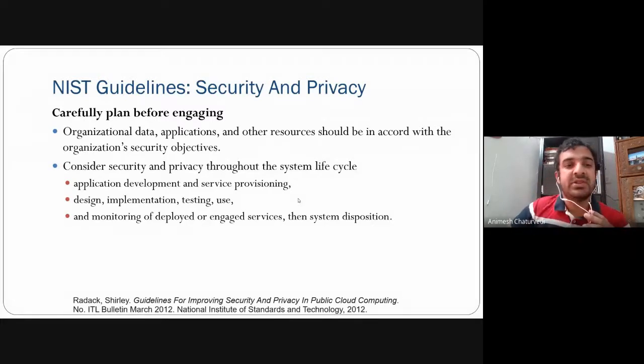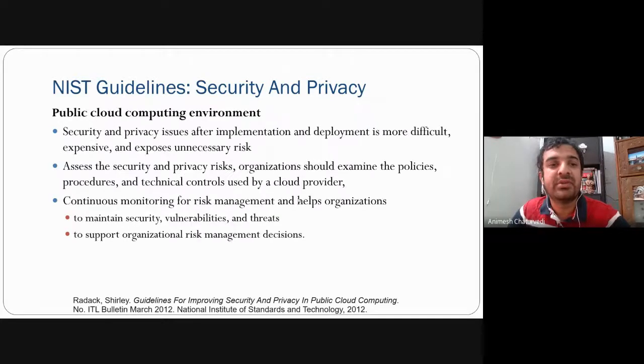All that time, security and privacy should be considered. So the planning has to be made at the starting point. Then monitoring, deployment, and engaging of services have to be done properly, and that application has to be monitored for proper security and privacy.